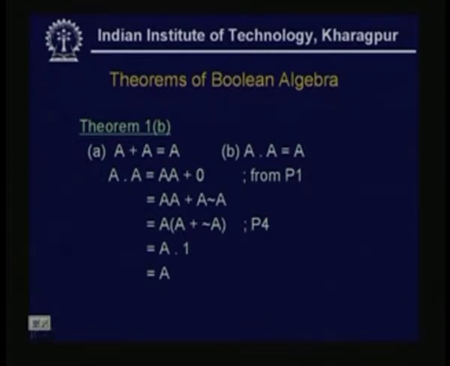Then if I take the common, then A dot A plus negation A. Now, see, A plus negation A is nothing but 1. So, this is A dot 1 and this is A, because from postulate 1, A dot 1 is A. So, A dot A is nothing but A. So, this is the first theorem of Boolean algebra.